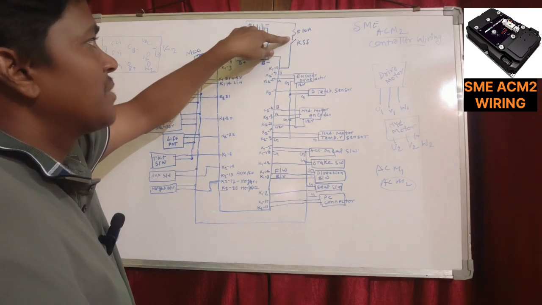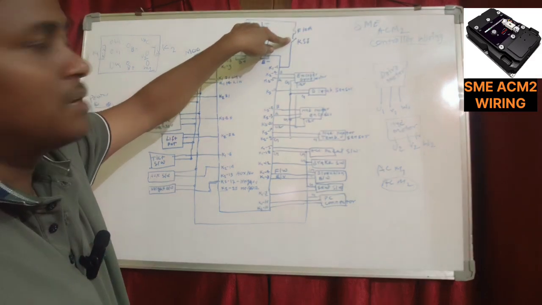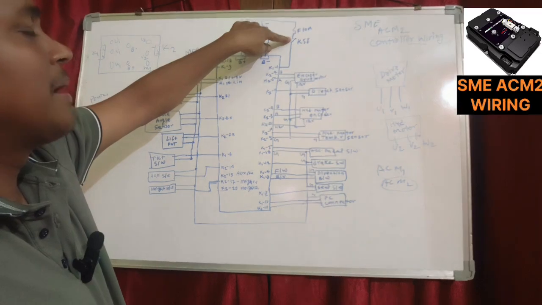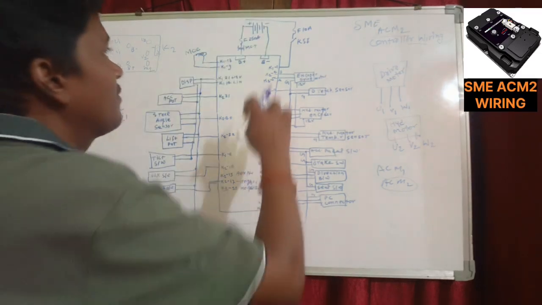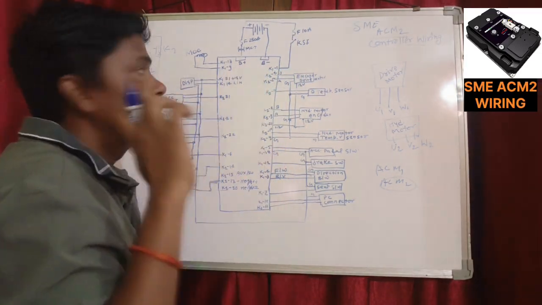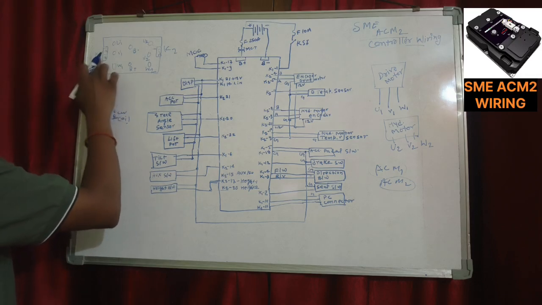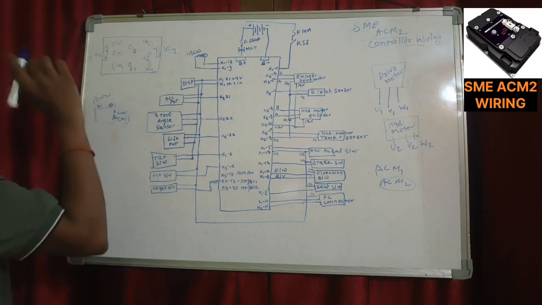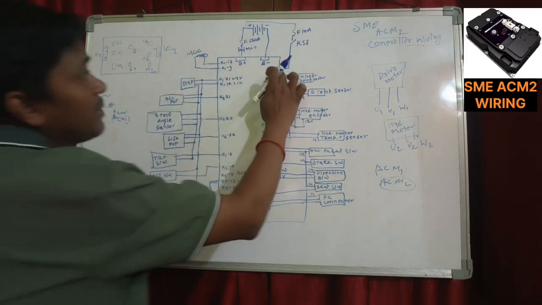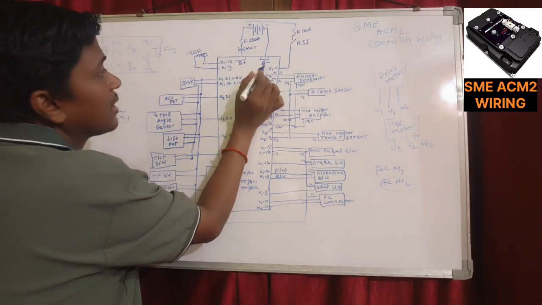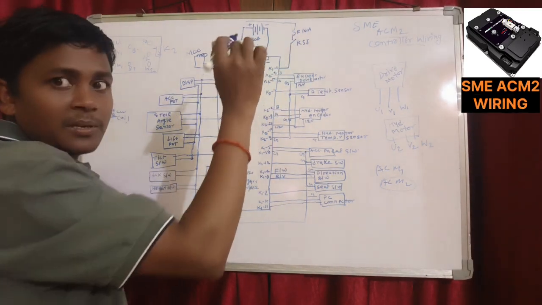From the 10 ampere fuse, power is connected to the key switch, and from the key switch input to K1. I told you there are two communication ports, K1 and K2. The K1 point will be connected with the key switch.